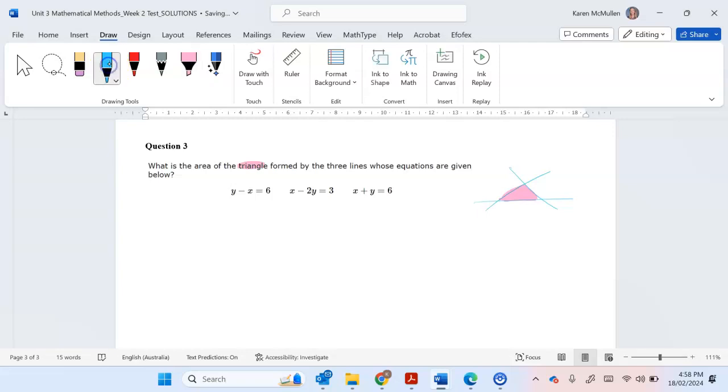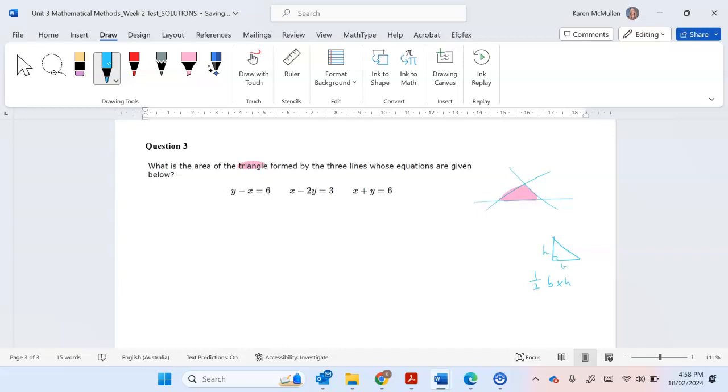Now, a little hot tip, although it's not always going to be the case, it's probably going to be a right angle triangle, because then you can clearly see, and it's not going to be drawn like this, but your formula for a triangle is a half base times height. So there's your base and there's your height.